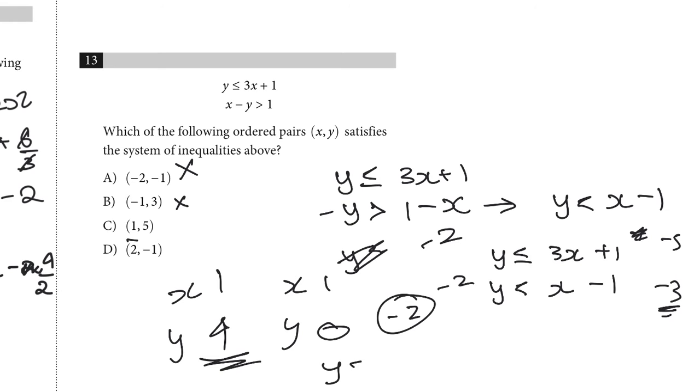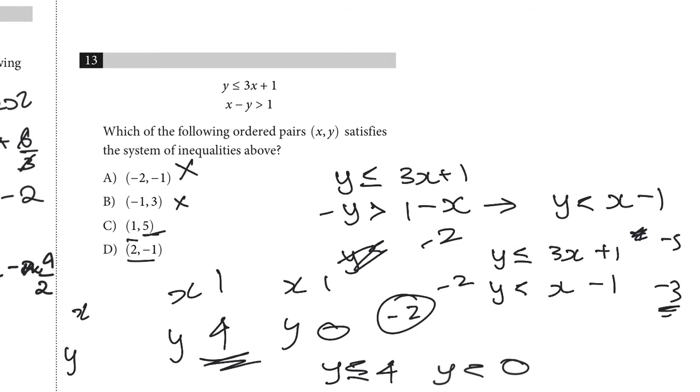So y is less than or equal to 4 and y is less than 0. Is that so? This does make sense, because there can be a number, but our value is not so. 5 is not less than or equal to 4. That wouldn't make sense.